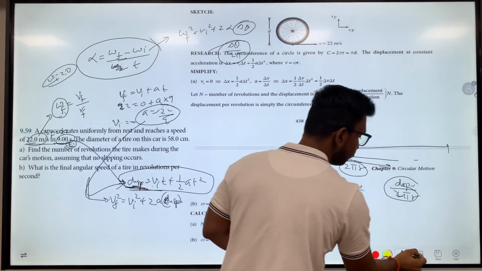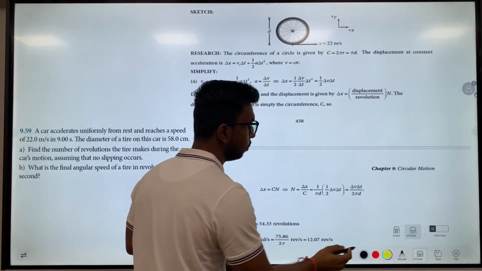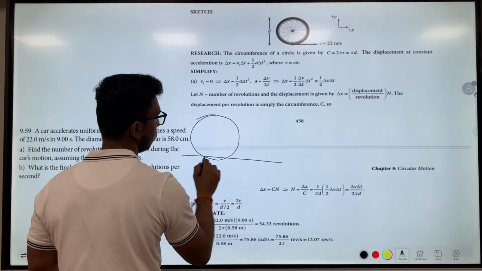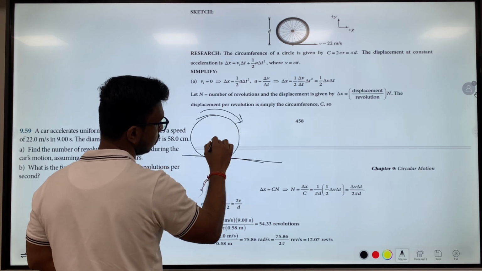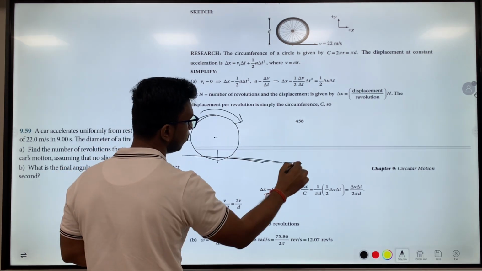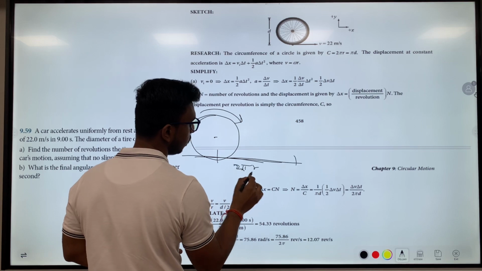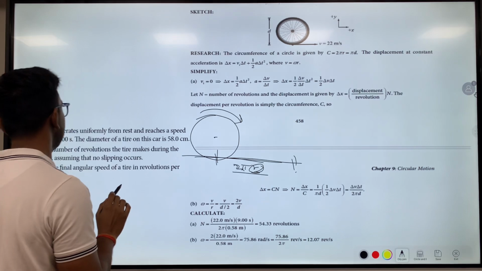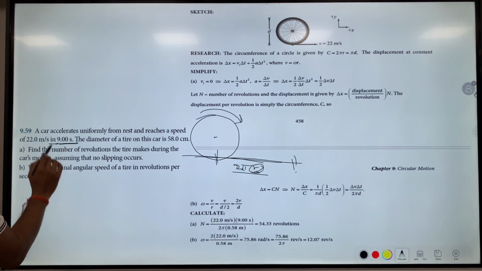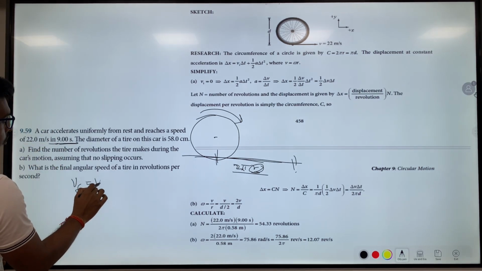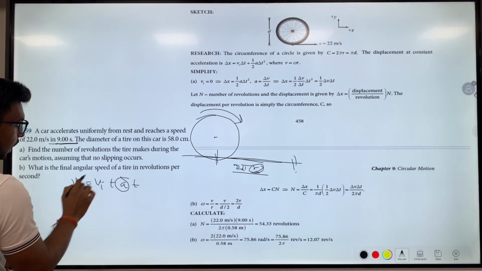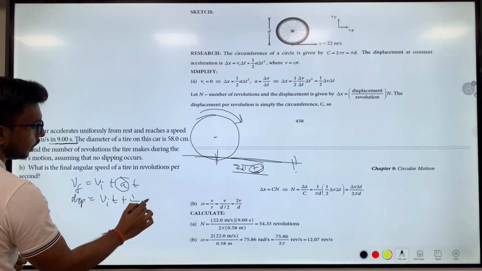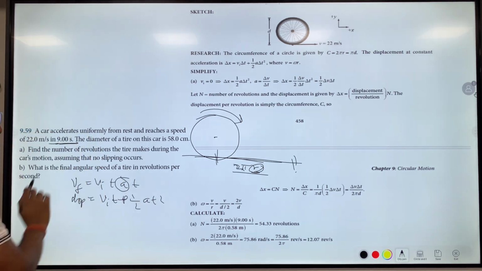So what they have done is that in one rotation, in one rolling completely, I travel a distance of 2 pi r. I have the radius of the wheel, so this is 2 pi r. If I calculate the distance which the car has traveled in 9 seconds, it is given by V final equals V initial plus a t. From here find a, and then you have displacement equals V initial t plus half a t square, equations of motion.